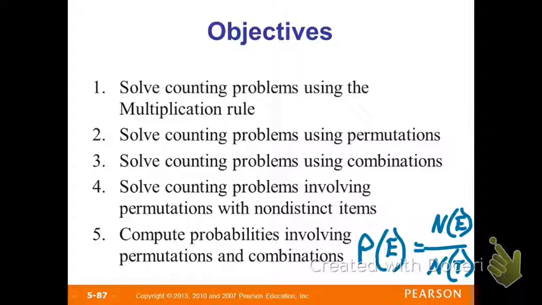So it's favorable over possible. Sometimes it's not real simple to figure out the number of favorable outcomes. So when we're looking at the number of favorable outcomes as opposed to the number of total outcomes, we need sometimes to use permutations and combinations to come up with what those total numbers are.